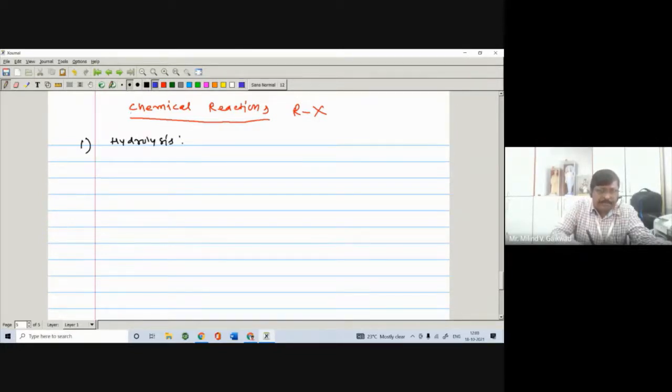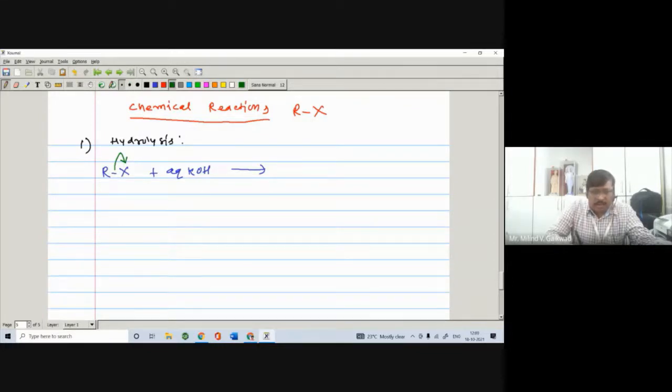So RX, in general an alkyl halide, when it reacts with aqueous KOH, is a nucleophilic substitution reaction. X is a halogen, which is more electronegative than carbon. The sigma bond opens on X, giving X negative and R positive.